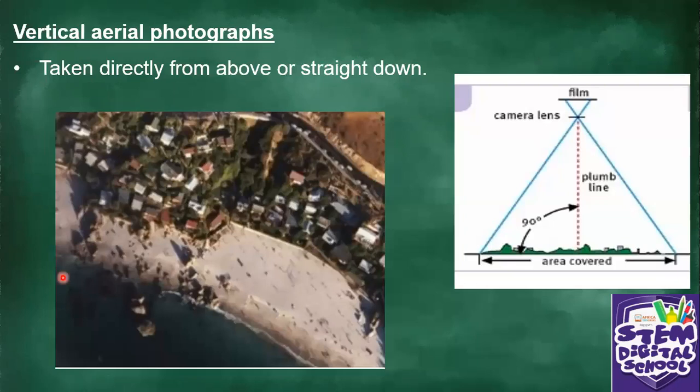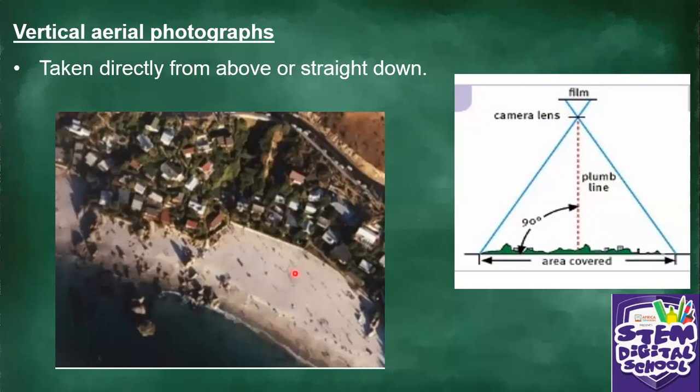And then we go to vertical aerial photographs. These are taken directly from above or straight down. You can see here in this diagram, the camera lens will be here, straight above the area that is being taken. So it's taking directly from above the area.